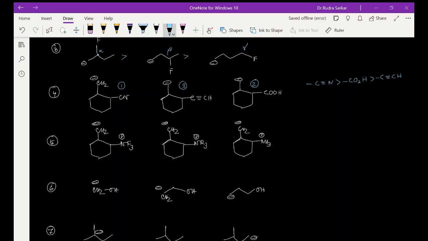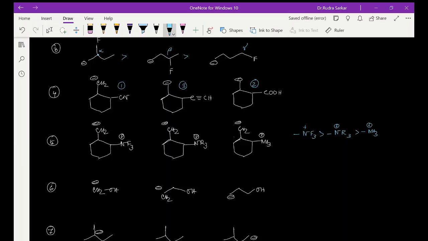In question number 5, among the following carbanions, the electron withdrawing power is NF3 plus greater than NR3 plus, which will be greater than NH3 plus.